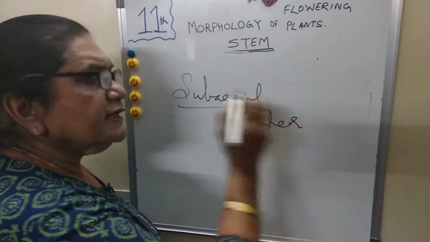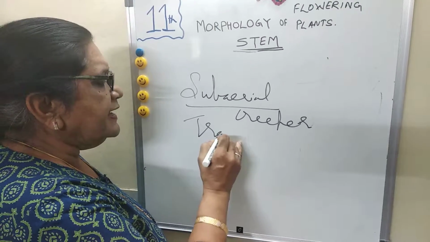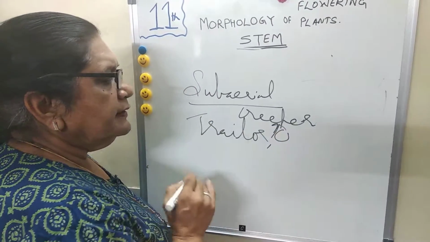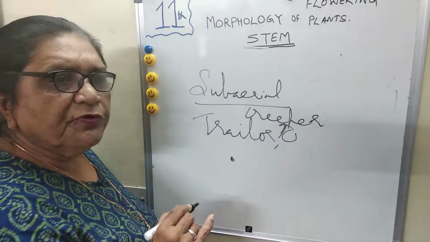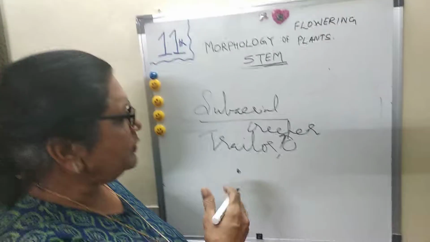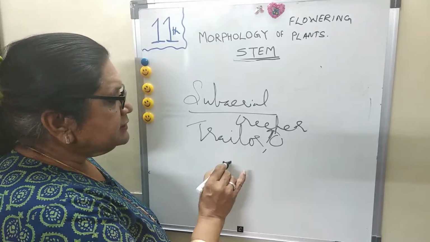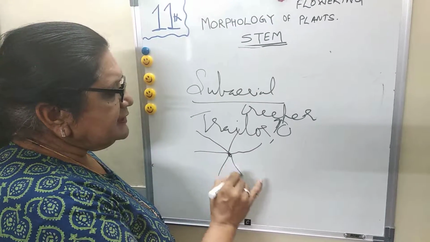They are called creepers. They can further act as trailers. Suppose in case of Euphorbia, you must have observed this wild plant in the field. One point and all the stems go like this in this position.